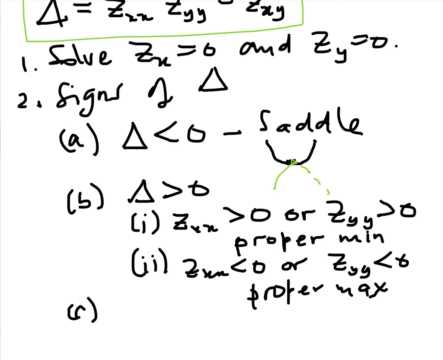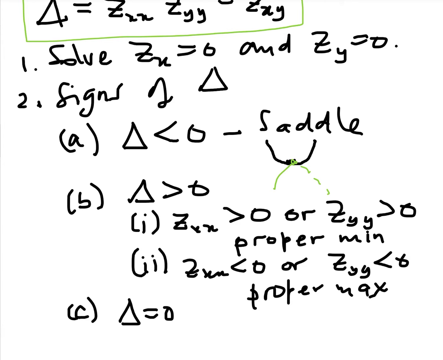Scenario C in number 2, if the discriminant is 0, a whole lot of things may arise, but this is where we may get the surface having a series of points. In other words, a whole curve that defines either the max or min of the surface, very much like the parabolic cylinder.